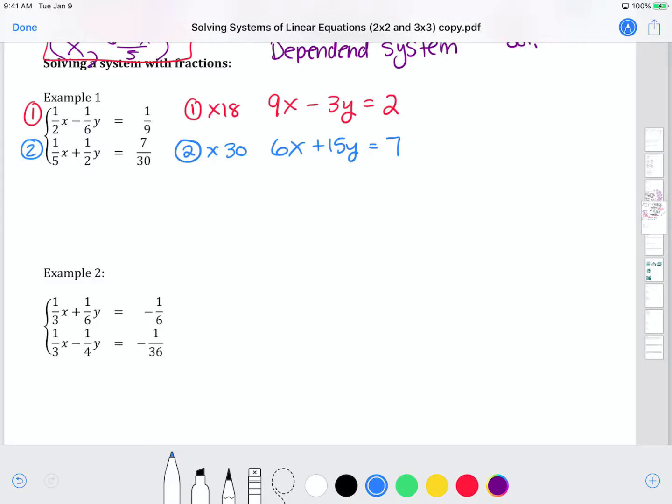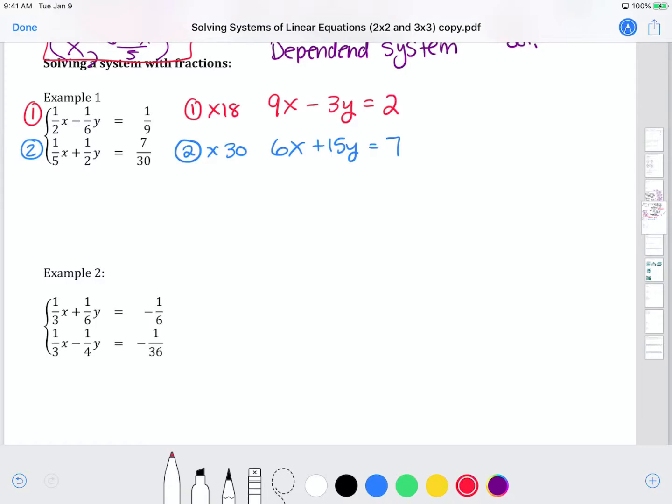Now I want to make sure that my x's and y's and my constants are all lined up, and they are. And now I want to figure out how else I can rearrange this so that I have one of the variables with opposite coefficients. If I look at my y's, and if I take that equation that's in red and multiply by 5, that would give me a negative 15y and a positive 15y for my y's.